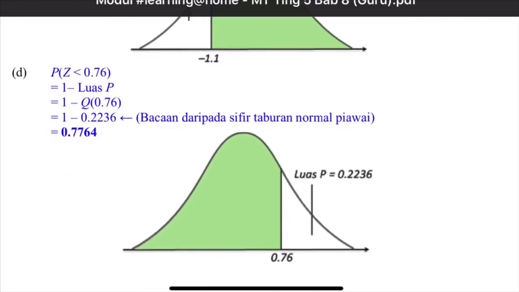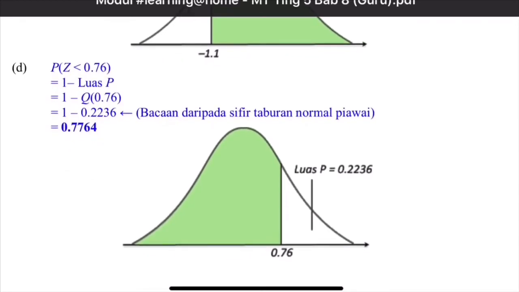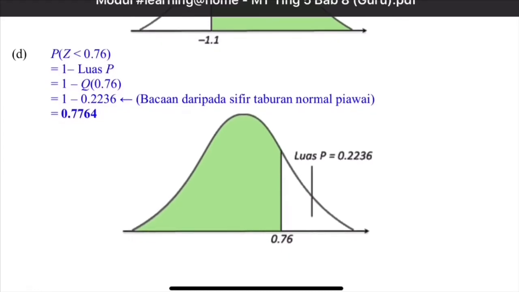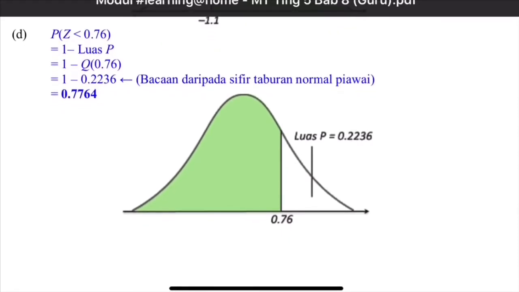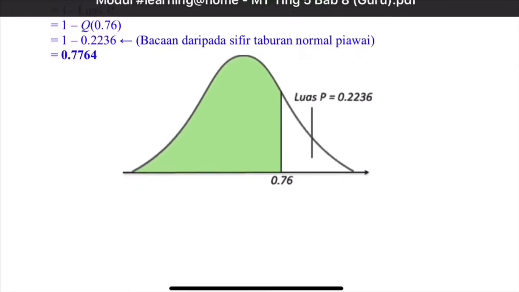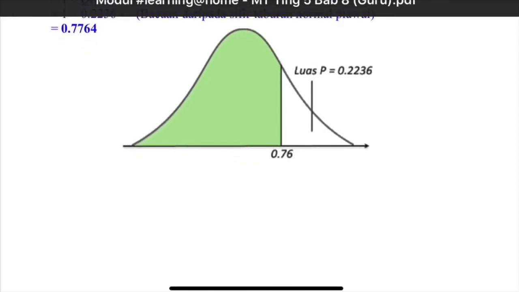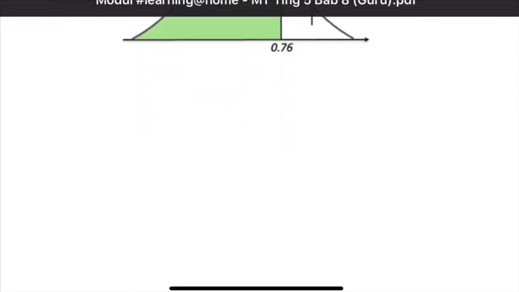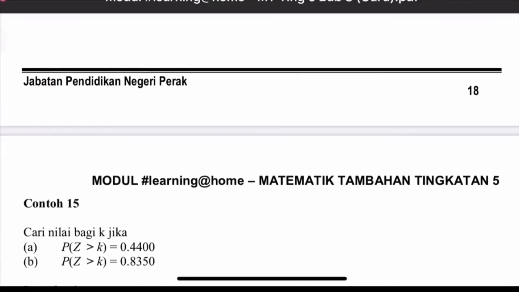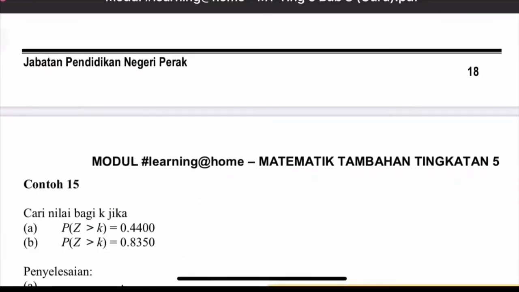So also the same, you take 1 minus 0.2236 and you get 0.7764. Okay, and you understand why you need to minus. Because the one shaded in green color is referring to z-score less than 0.76. So our table only can read the right hand side, right? So we will read the 0.76 and then we minus.